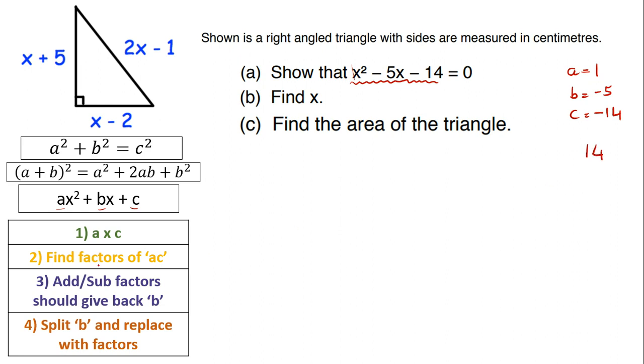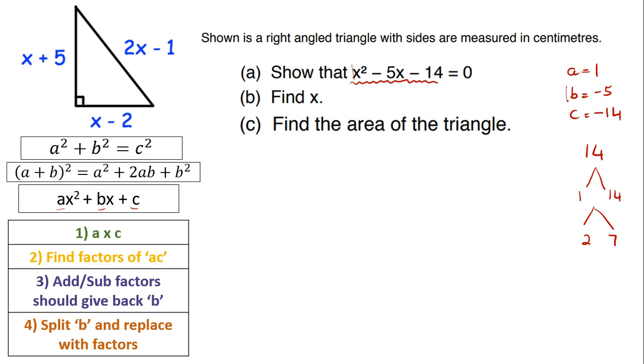The second part says find the factors of ac. Now, after multiplying a and c, I got 14. So I have to figure out what the factors of 14 are. So 1 times 14 gives me 14, and 2 times 7 gives me 14. Now the third step says add or subtract the factors to give back my b.